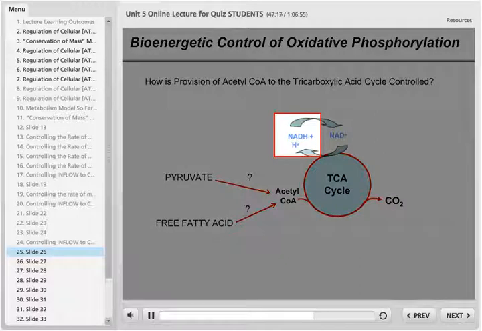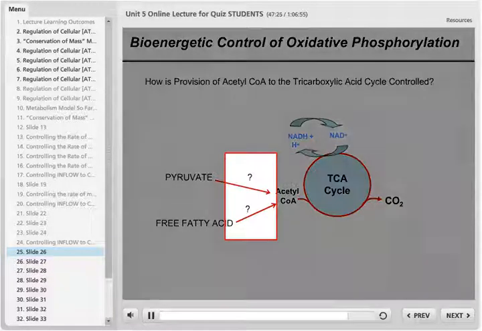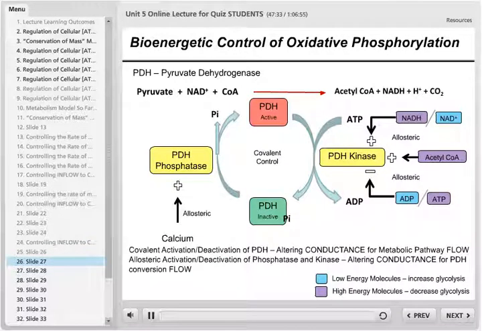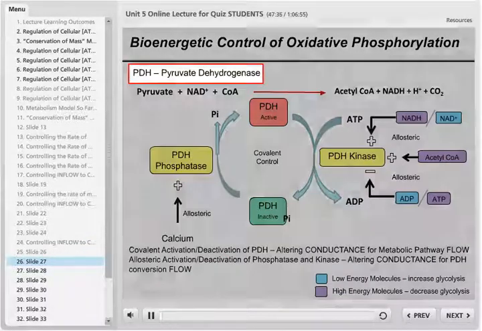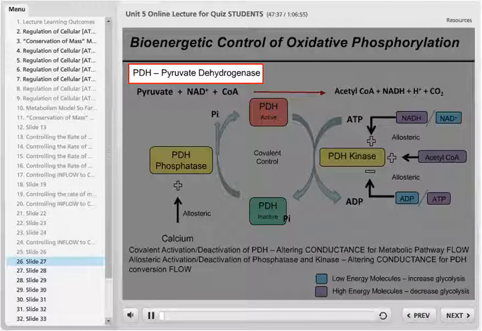That's NADH and H+ that's produced here. And those electrons are for the electron transport chain. Okay, so how do we get from pyruvate to acetyl-CoA? And how do we get from free fatty acid to acetyl-CoA? So first off is the control of pyruvate dehydrogenase activity.